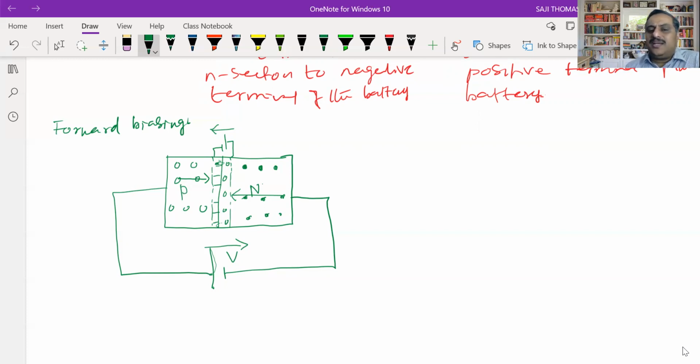Okay, so diffusion becomes very easy then. The diode offers a very small resistance to the flow of current. The current is called forward current. It is of the order of milliamperes.